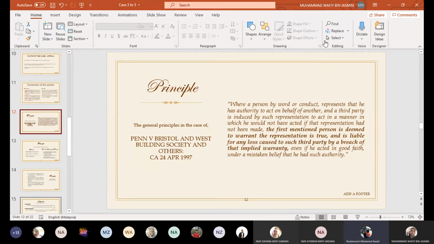Kalau ikutkan keadaan biasa, a retainer will subsist until the judgment is executed, ataupun the business is completed on the stipulated term. But if the counsel has acted to the effect that he has breached the terms in the retainer, then what are the rights of the client? Boleh cari juga kesannya di situ ya.